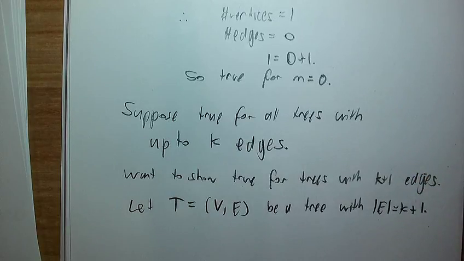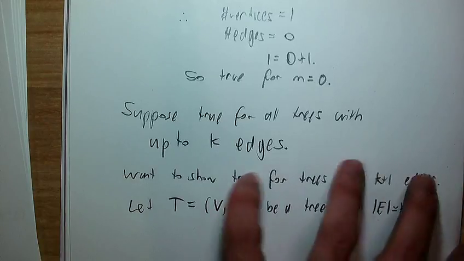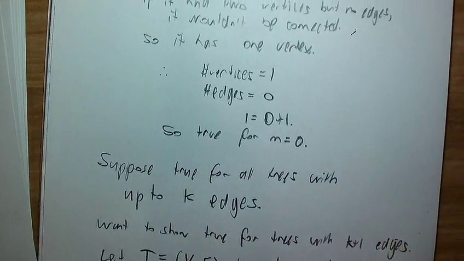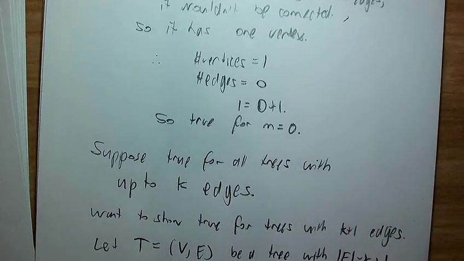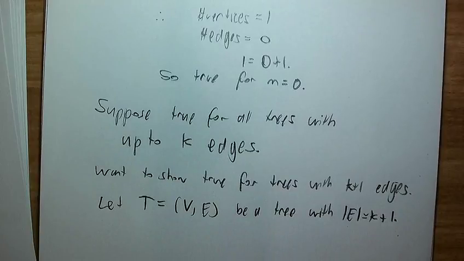So we've got that, and it's going to be a tree with k plus 1 edges, and we want to show that it has k plus 2 vertices, because that's one more than this.